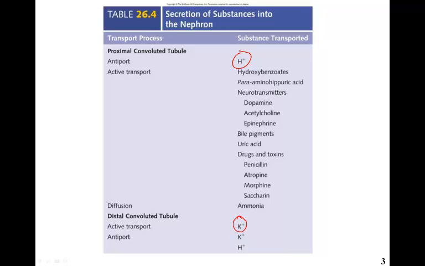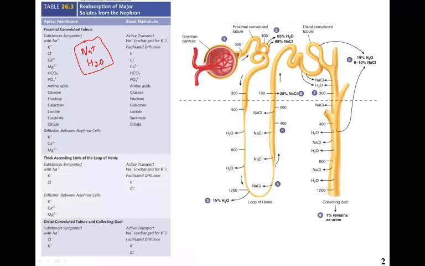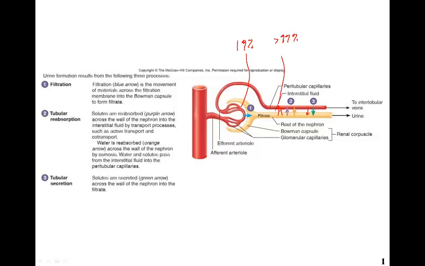So briefly, I want to talk about the idea of what's called renal clearance. As I mentioned, stuff gets filtered, things get pulled out in reabsorption, things get put in through secretion.